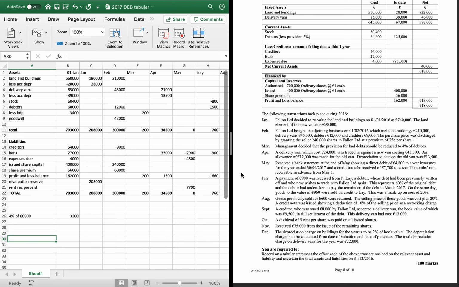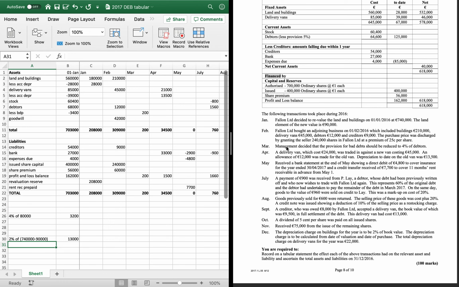So it's going to be 2% of 740, but there's land of 90,000, so we have to take that away. So in effect, it's 2% of 650, which is 13,000.